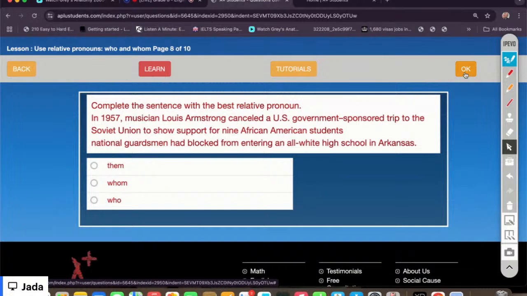In 1957, musician Louis Armstrong canceled a U.S. government-sponsored trip to the Soviet Union to show support for nine African American students whom the national government had blocked from entering an all-white high school in Arkansas.